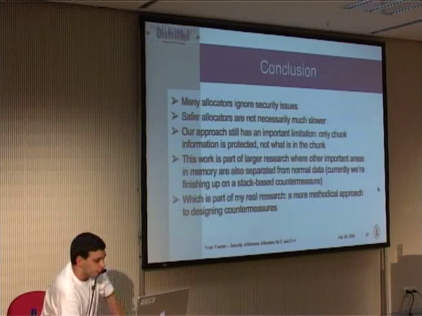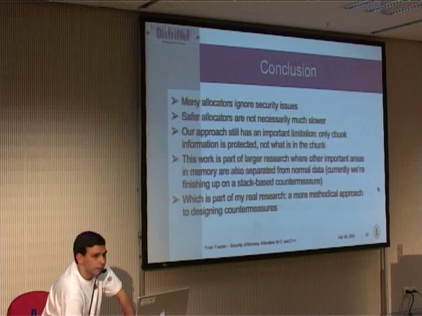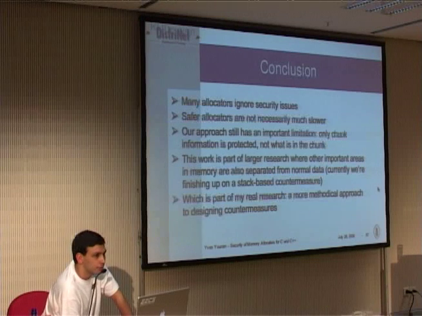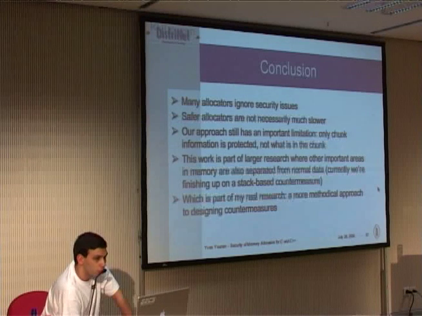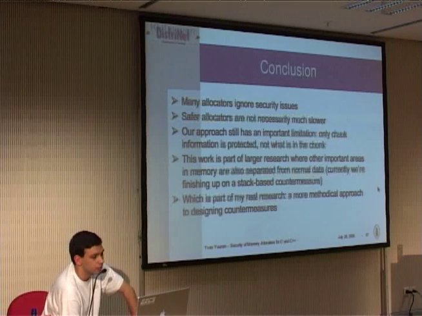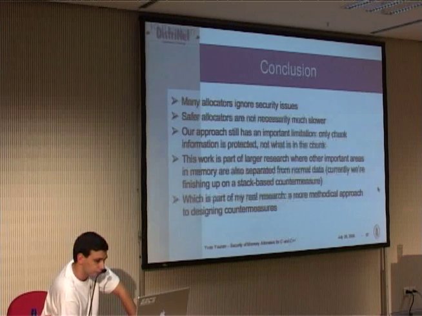So in conclusion, many memory allocators ignore security issues, and as we've shown, a safer allocator is not necessarily that much slower. But we still have an important limitation in our memory allocator: we only protect the chunk information, not what is actually stored in the chunk. So if a function pointer were stored on the heap, it would still be overflowable.